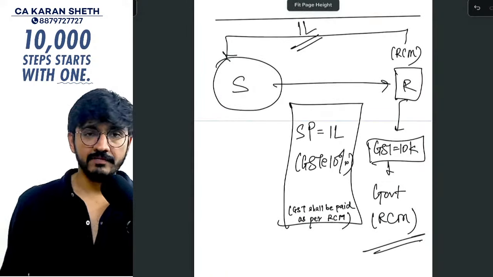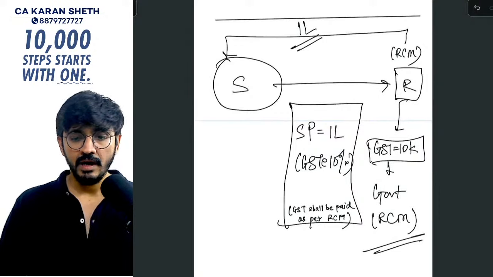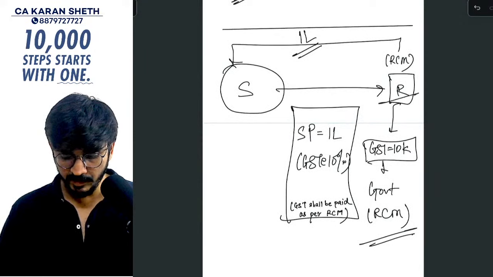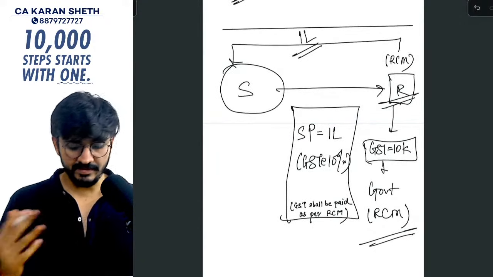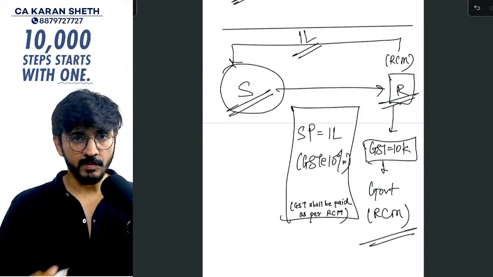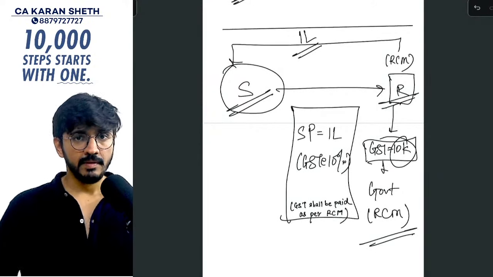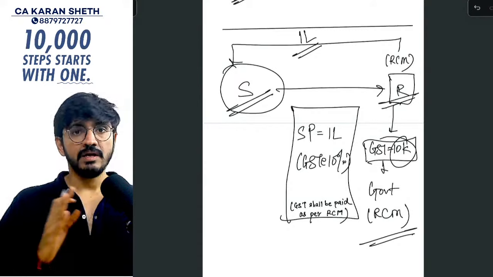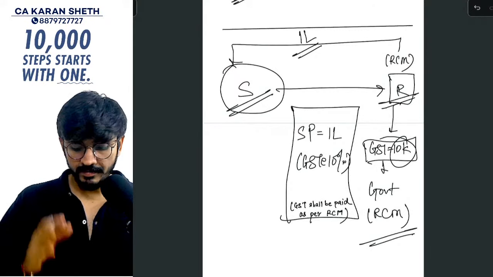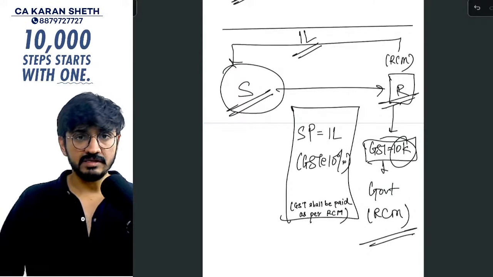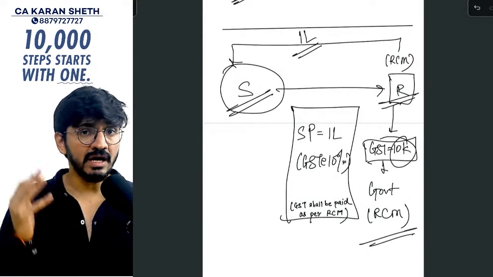Is that very clear? Are you able to understand? Correct. Even in this case, recipient lands up paying 1,10,000, supplier will get 1 lakh and government again gets 10,000. It is a different note altogether that recipient will also get the ITC for the same.